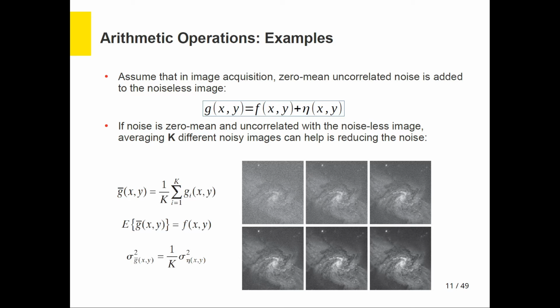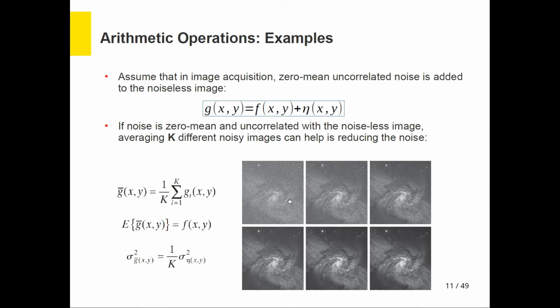If that is the case, we can use image averaging between different noisy images, and that can help us reduce the effect of noise. Here you can see an example. Let's say we have a telescope that is capturing noisy images of this celestial body or galaxy.